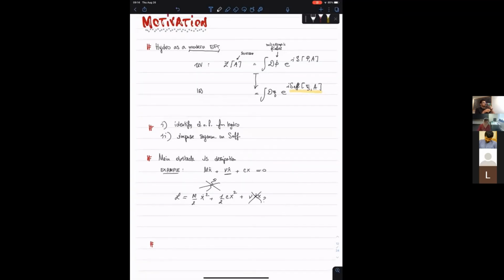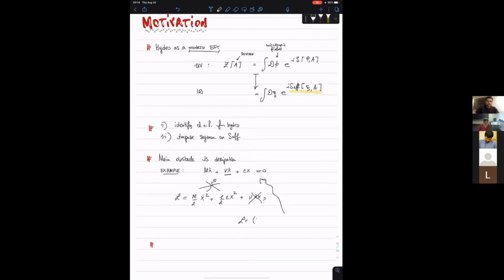What works instead is writing a Lagrangian of this form. But now I cheat a little bit and introduce an extra degree of freedom, x tilde, which plays the role of a Lagrange multiplier.